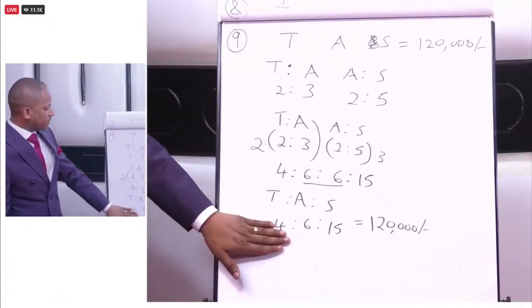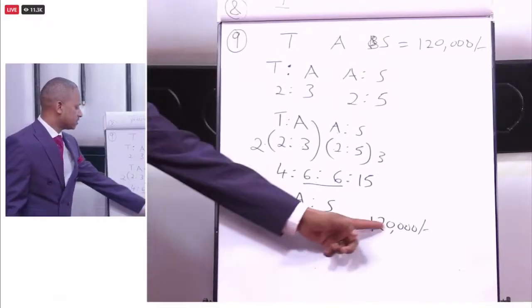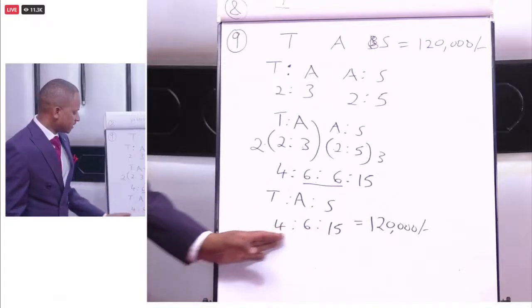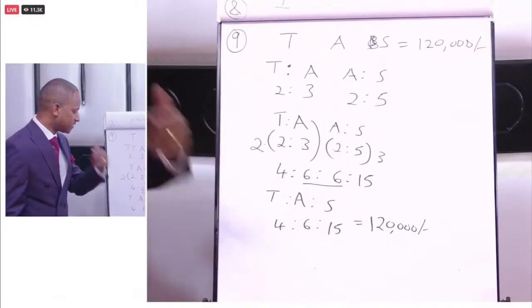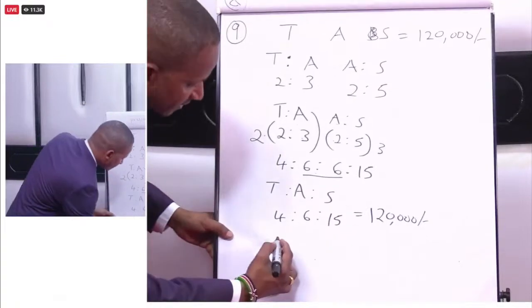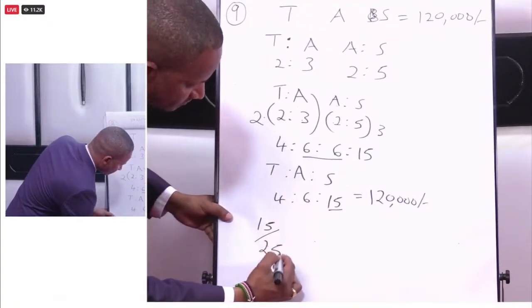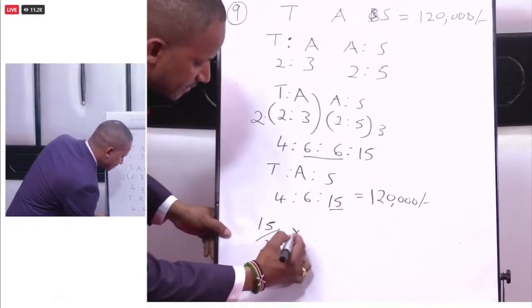So when you have this ratio and you have this amount, you just get the total ratio here. The total ratio is 4 plus 6 is 10, plus 15 is 25. So Sifuna contributed 15 over the total ratio, which is 25, times 120,000.